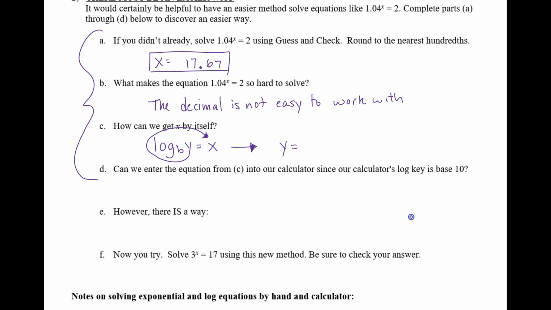Equals, b is next, and then x. b is always the base. When we have a number being raised to another number, the number being raised is called your base.